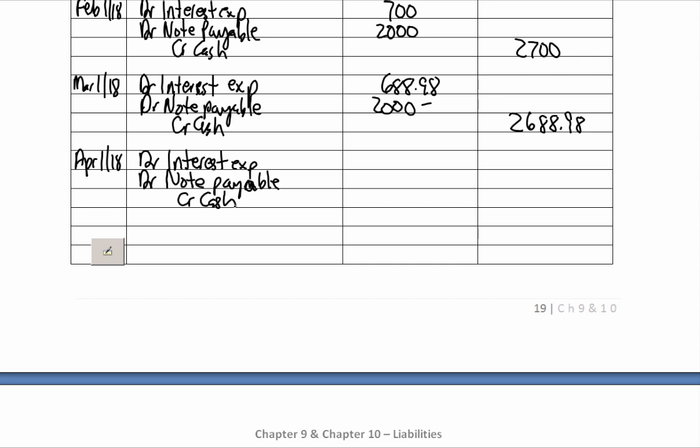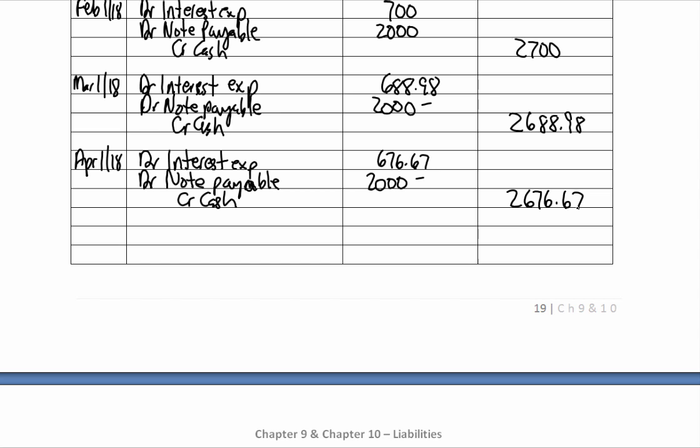So this is $676.67, $2,000 less in principal, and I'm going to give the bank $2,676.67. And we would keep going, right? And the interest portion would get smaller and smaller and smaller.